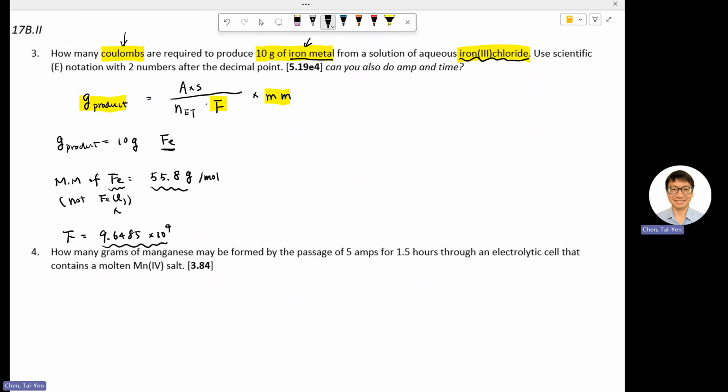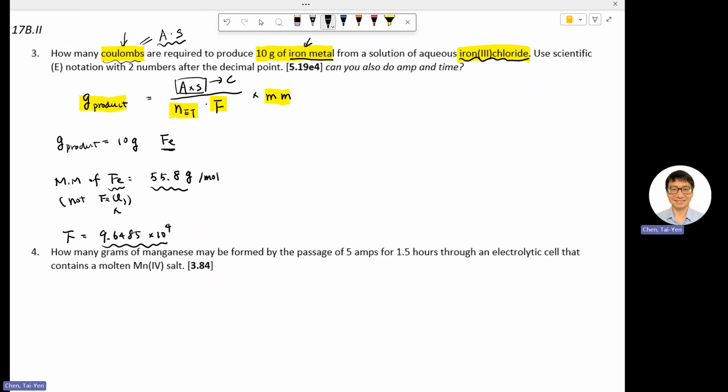Coulombs is something you need to know the definition of, right? It is basically the amps times seconds. That's how you calculate your coulombs. Therefore, this term is what you want to calculate. The only thing that you don't know is NET, the number of moles of electrons you will need to produce 1 mole of the product.